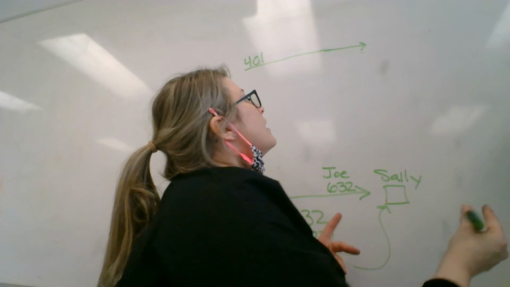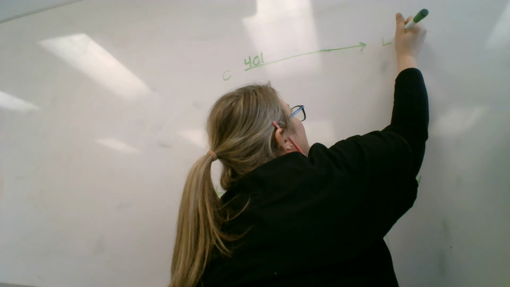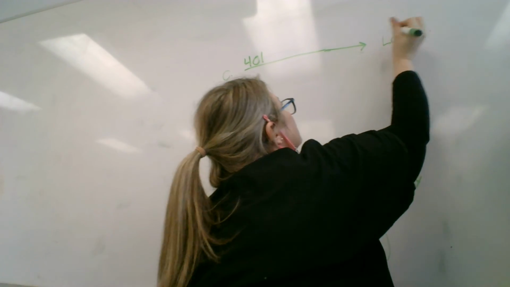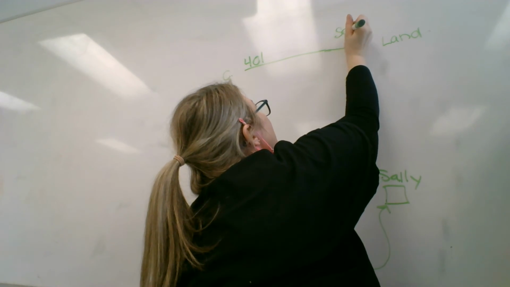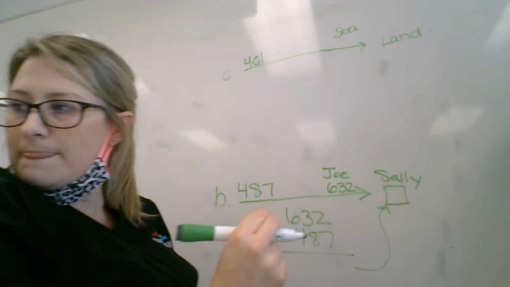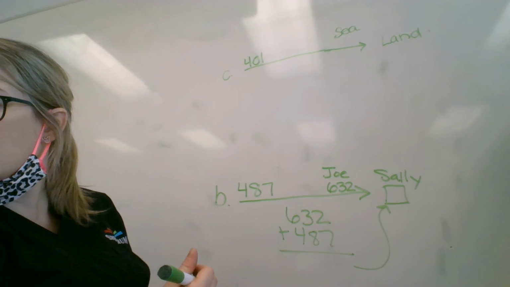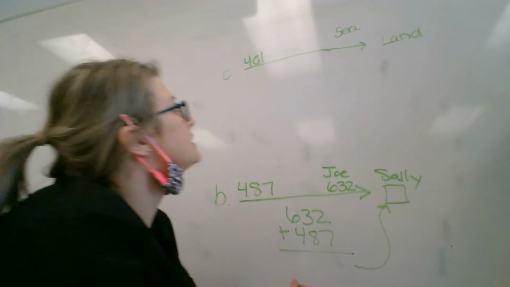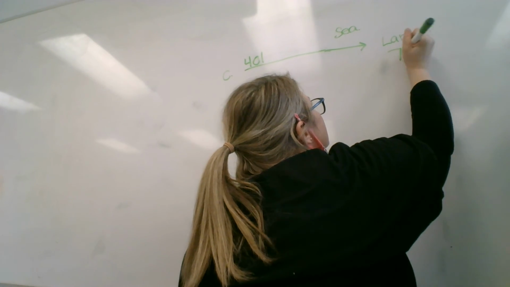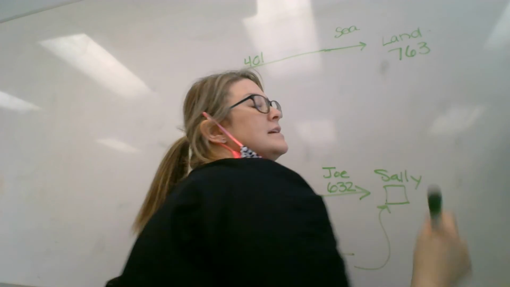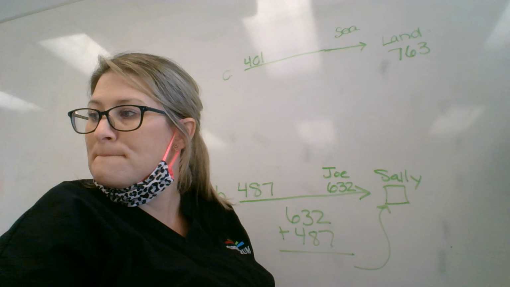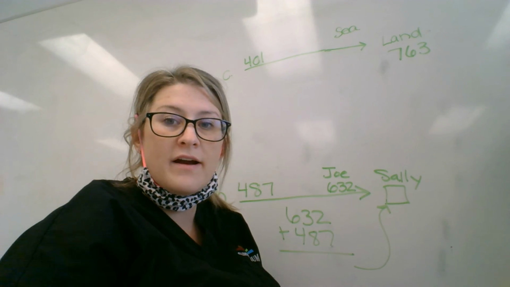So if it's more, the land animals go over here. C. Next sentence. There are 763 land animals. 763 land animals. How many sea animals were there?